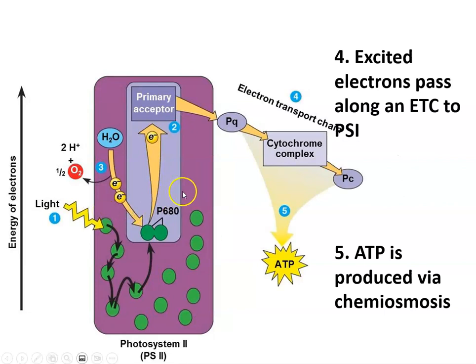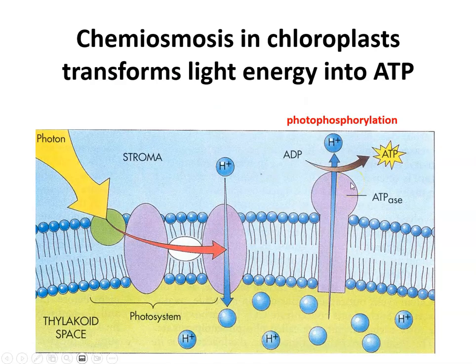Now let's see where those electrons go. They're going to travel down the first of 2 electron transport chains. Now, remember from cell respiration that there was also an electron transport chain, and through chemiosmosis, ATP was produced. A similar thing happens here.